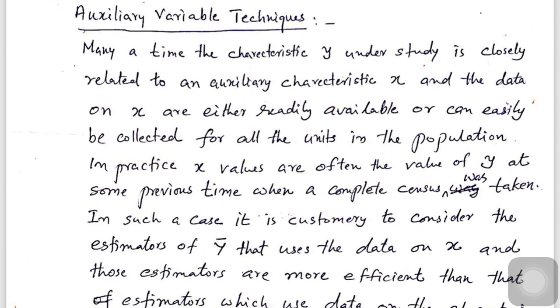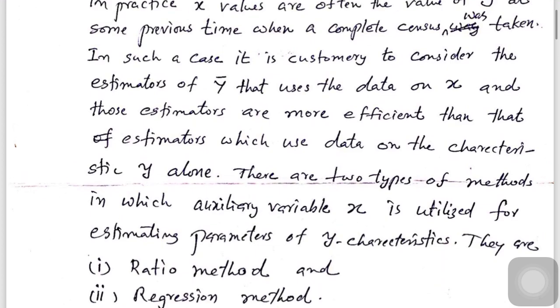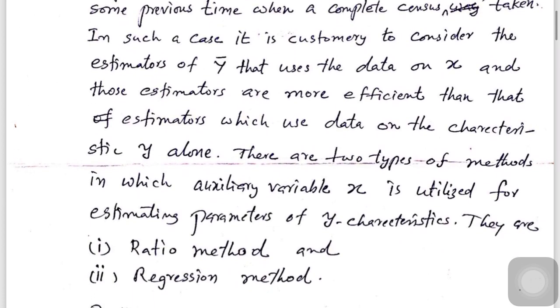If there is no relation between the main variable y and the auxiliary variable x, then there is no use of such a procedure. In order to make the estimation efficient, we are utilizing the information on auxiliary variable x. And we will discuss some examples later.